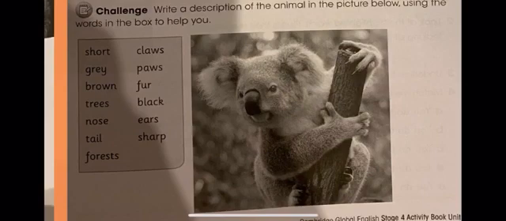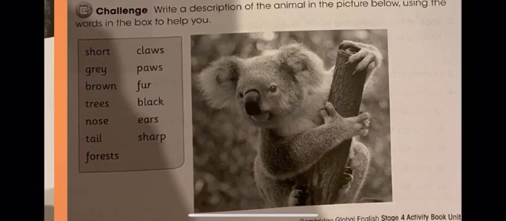So you have to use the adjectives. You have to write a description of this animal. Some information I've given you. You can also search online on the internet to get some more data, or you can use some words written over here for describing this animal. Koalas basically have very thick gray fur.